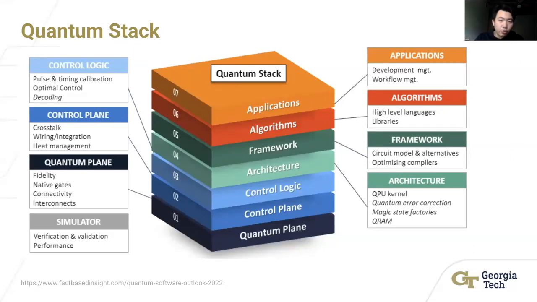And then at the control logic level, you finish the compiling and transpiling and convert everything into physical signals. And in the control panel, those physical wires send the signal to the quantum chip, to the quantum hardware. So a lot of things are actually happening in between.